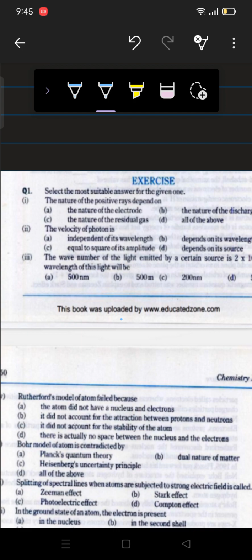So the nature of positive rays depends on, we have discussed about the discovery of proton, which was done by Goldstein in the discharge tube, and we have discussed in very detail that e/m of electron does not depend on anything. However, e/m or charge to mass ratio of positive rays or proton depends upon the nature of the gas present in it.